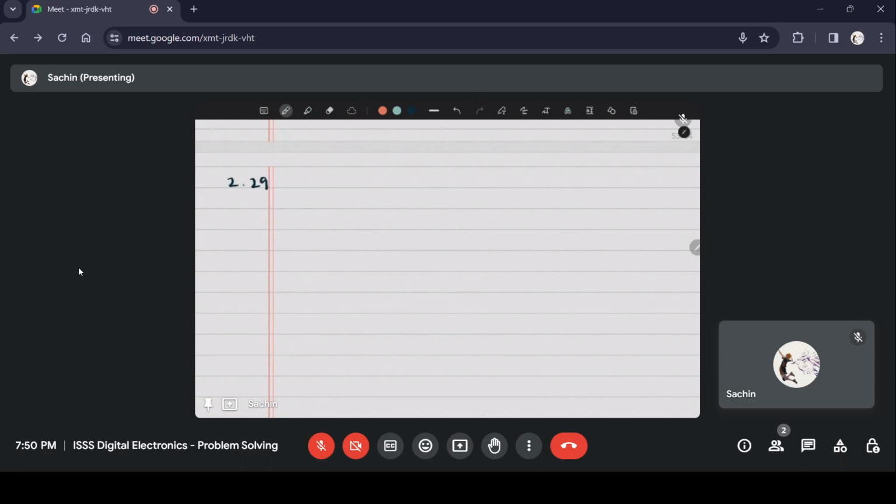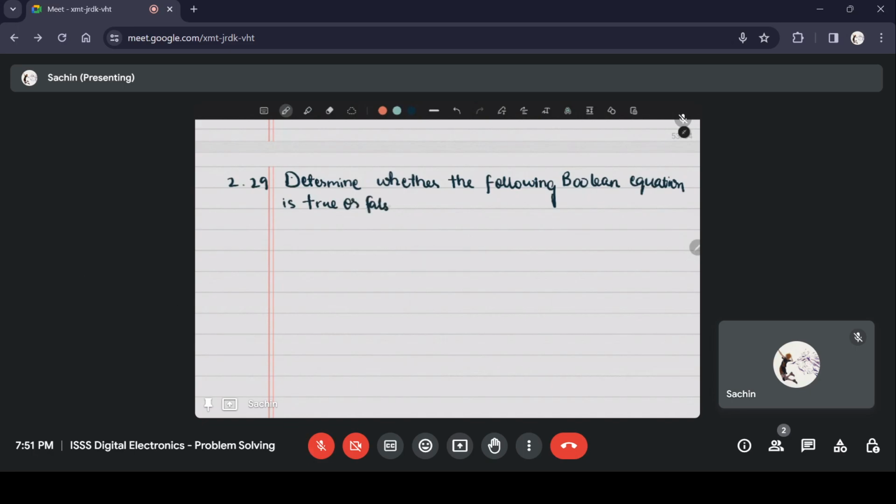2.29. Determine whether the following Boolean equation is true or false.